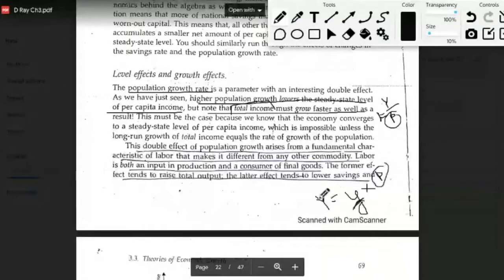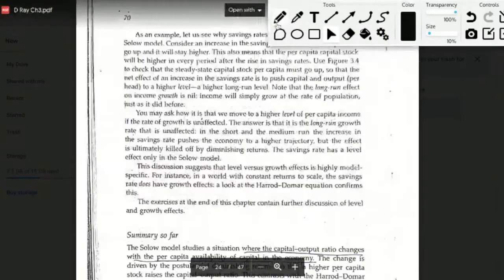So capital Y will increase at the rate of the population growth rate. So on one hand, the population growth rate has a dampening effect in terms of reducing the steady state level of capital, whereas on the other hand, it has a boosting effect on the growth rate of the total income.